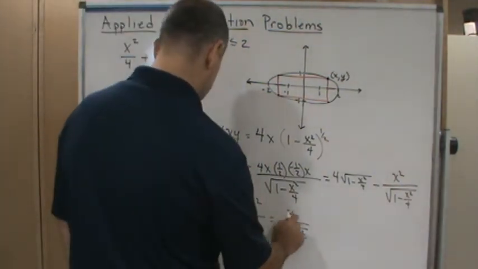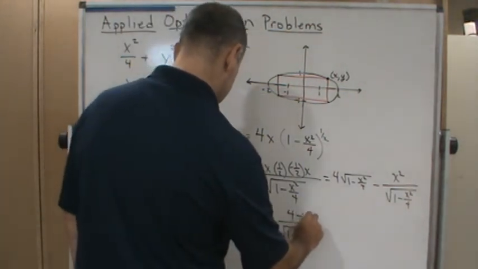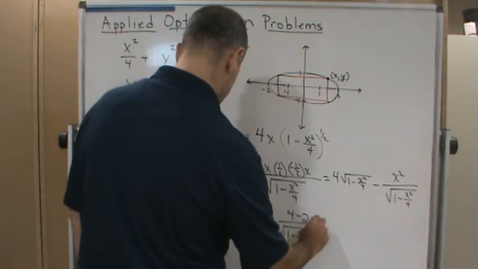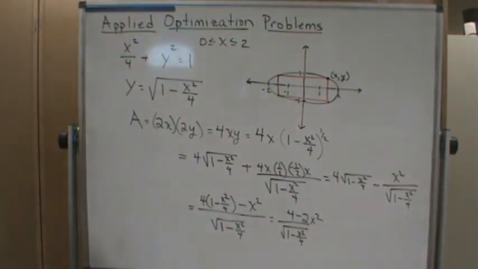Okay, so then this becomes 4 minus 2x squared. Oh, okay, that's better. Okay, now that's correct.